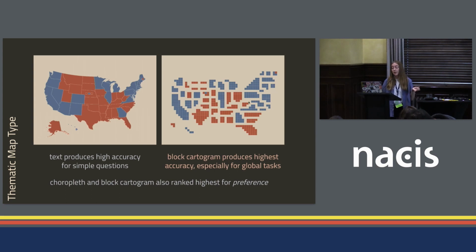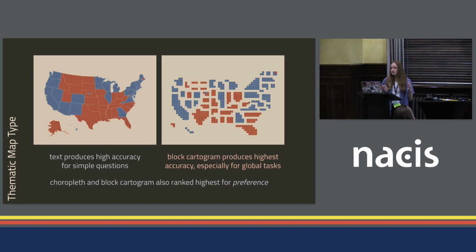However, the block cartogram performed almost as accurately for most question types as the choropleth map, and for questions about the country as a whole, especially about number of electoral votes, it's much easier to see that visually in the block cartogram than in the choropleth map. Therefore, for those questions the block cartogram does perform better than the choropleth, despite the choropleth being the most common one that people use.